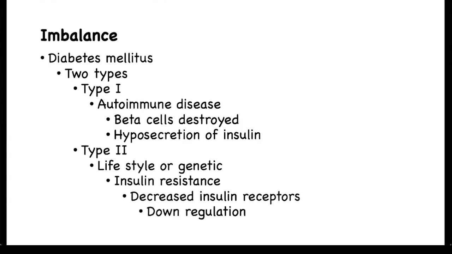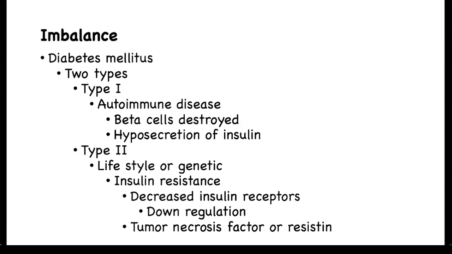Recall from the beginning of this chapter that down regulation is a cell's response to a particular chemical messenger or ligand by decreasing the number of receptors. In addition, adipose cells release chemicals such as tumor necrosis factor or resistin. These decrease the response of the cell to insulin even though it binds to the receptor.